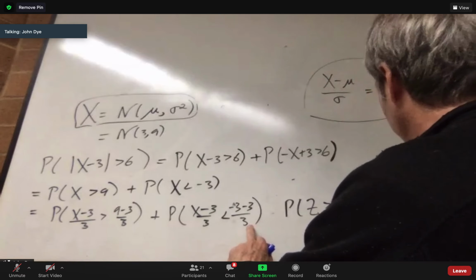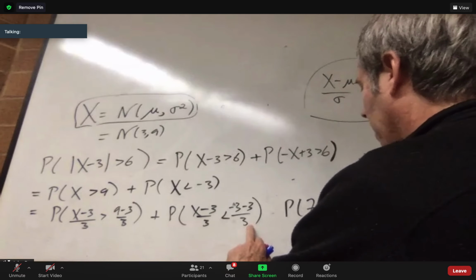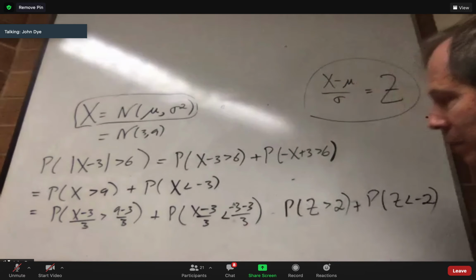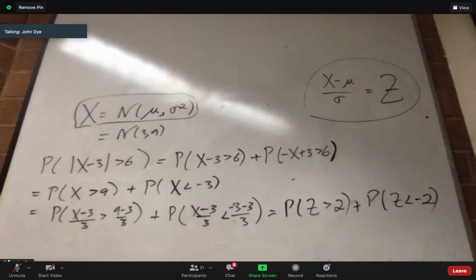So probably z is less than minus 2. Hopefully we got that right. I better check this to make sure it is right. So it's supposed to be z is greater than 2 and z is less than minus 2. Yes, this is correct.